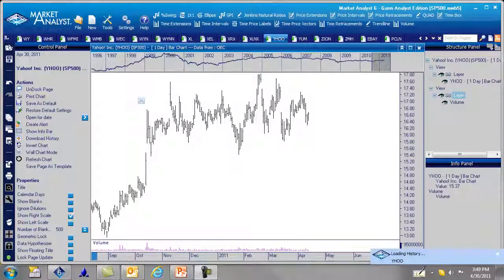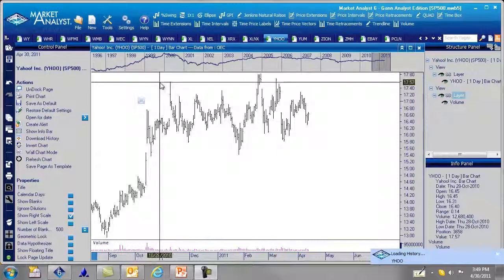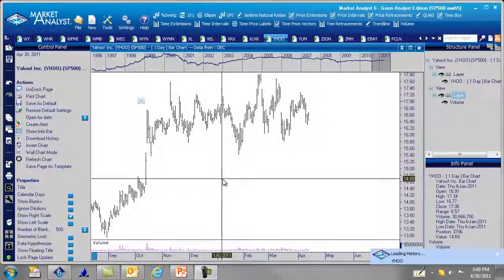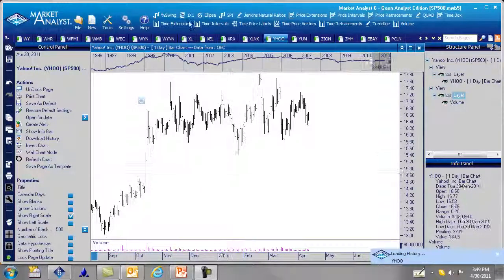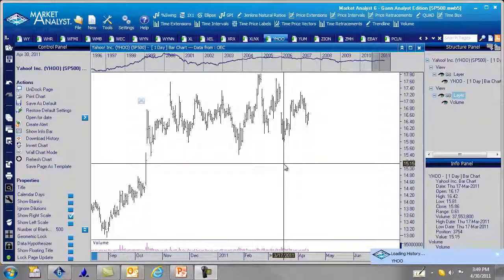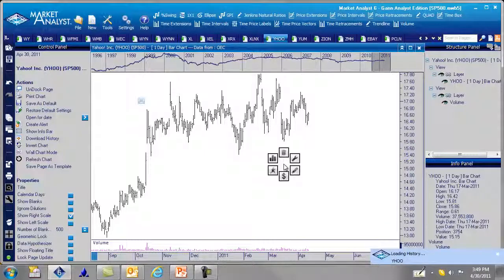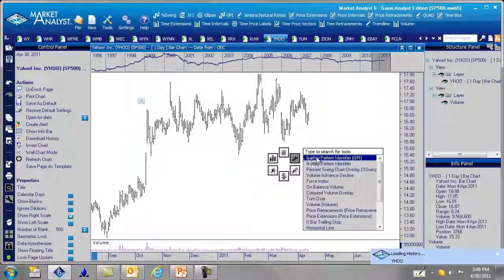So here's a chart of Yahoo, the daily chart. To apply the Gartley pattern identifier, there's a couple of ways we can do it. Just to review, I can right-click. I've been using the GPI or Gartley pattern identifier quite a bit. So if I right-click on the chart and hit the wrench, and see it's right at the top there, if I simply left-click this right now, boom, there it is on the chart.